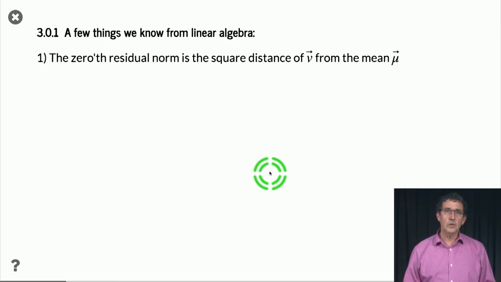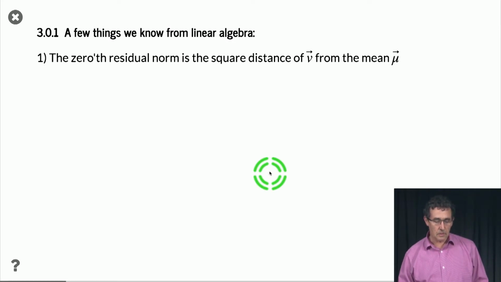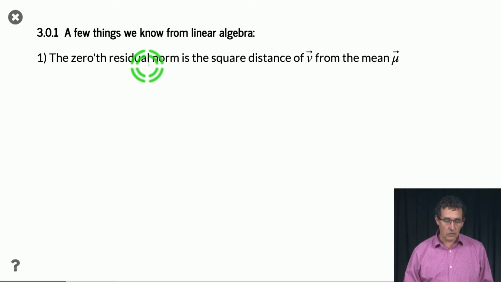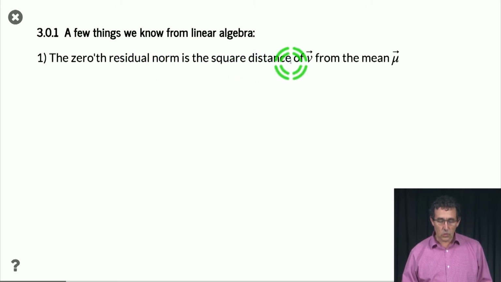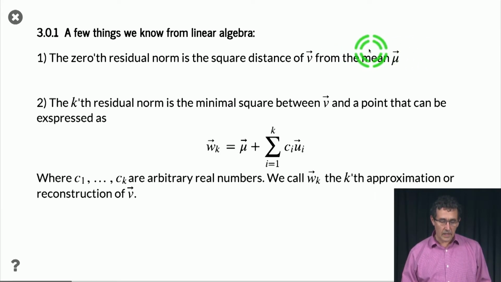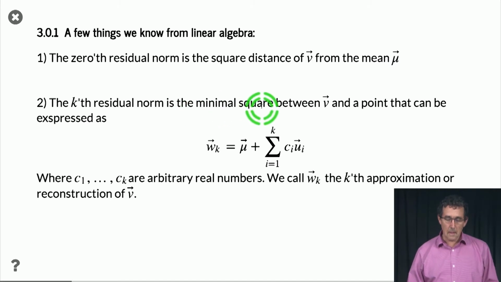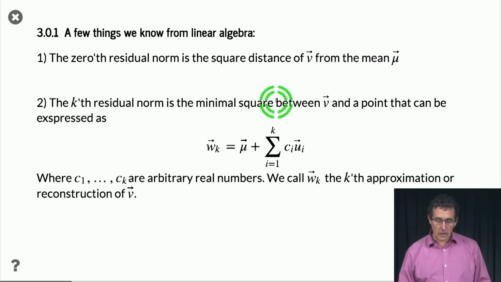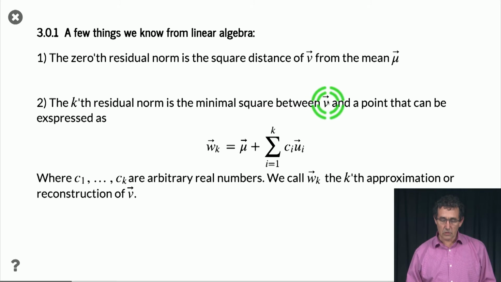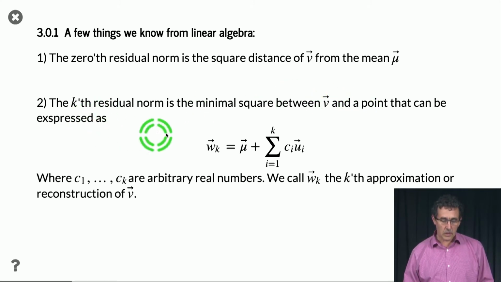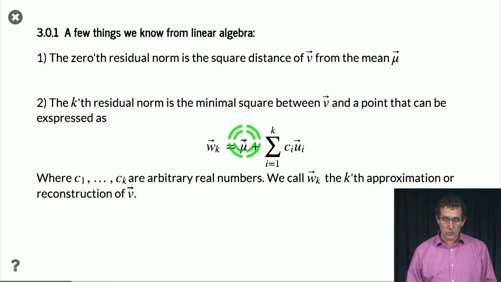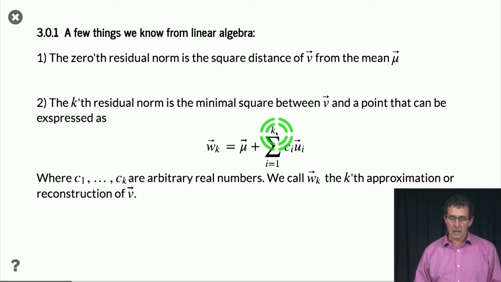So a few things that we know from linear algebra. First of all, the 0th residual is the square distance of the vector v from the mean mu. The kth residual is the minimum square distance between the vector v and a point that can be expressed in the following way: mu plus some coefficients times the eigenvectors for the first k eigenvectors.